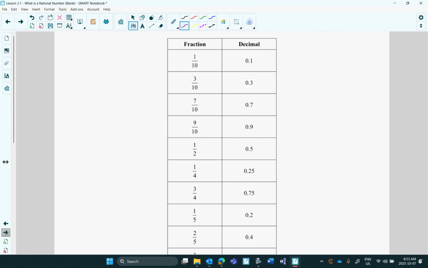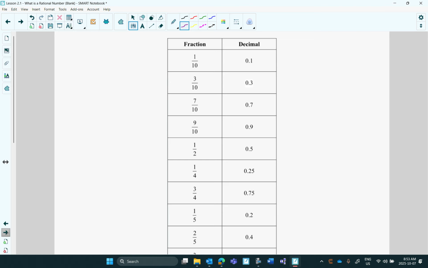This next page is just some common fractions and their decimals. You guys should have done this previously. I'm not going to get you to memorize them, because you can use a calculator, but you should be familiar with some of them, like a half is 0.5, or a quarter, or 3/4.